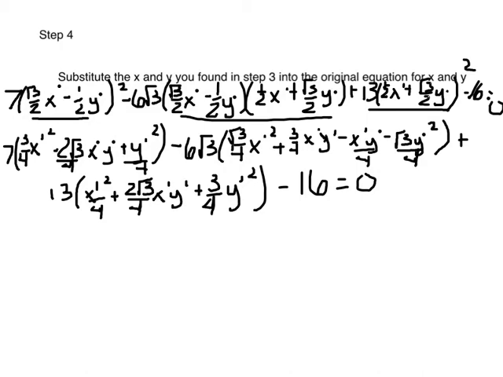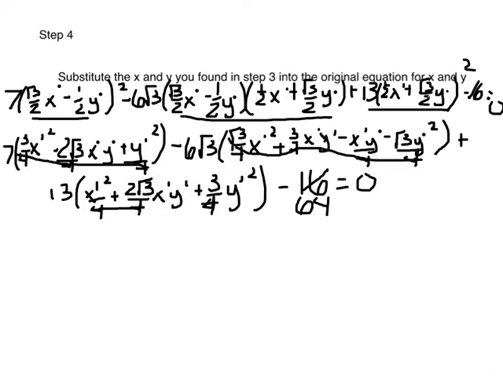But I'm going to get rid of the denominators before I distribute. Once I multiply everything by 4, it makes these 4's go away, and it makes this be 64. Everything else stays the same. And then I can go ahead and distribute and then combine like terms.